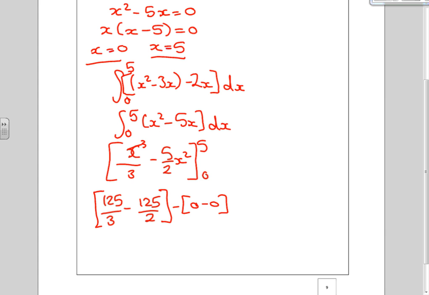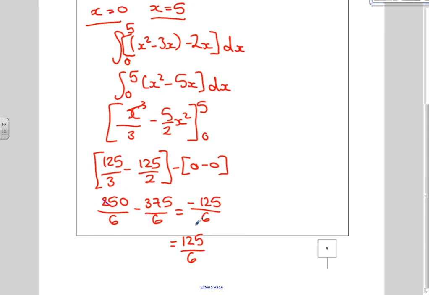So if I change this so that they're both over 6, I get 250 over 6 minus 375 over 6, which leaves me with an area of minus 125 over 6. Which is of course equal to 125 over 6, because we're talking about an area.